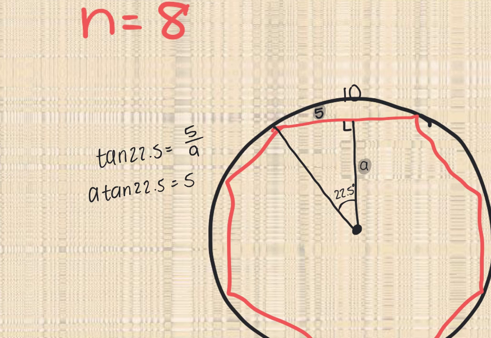Then you would divide both sides by the tangent of 22.5. You're going to get a equals 5 over the tangent of 22.5. When we plug it in, 5 divided by the tangent of 22.5, we get that a, the apothem, is 12.1.